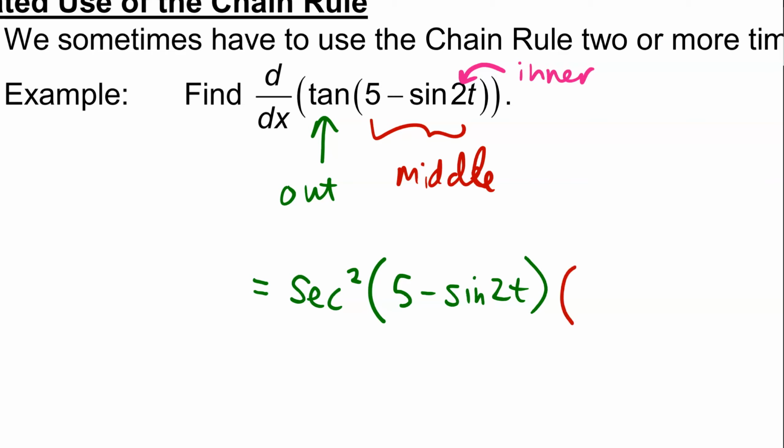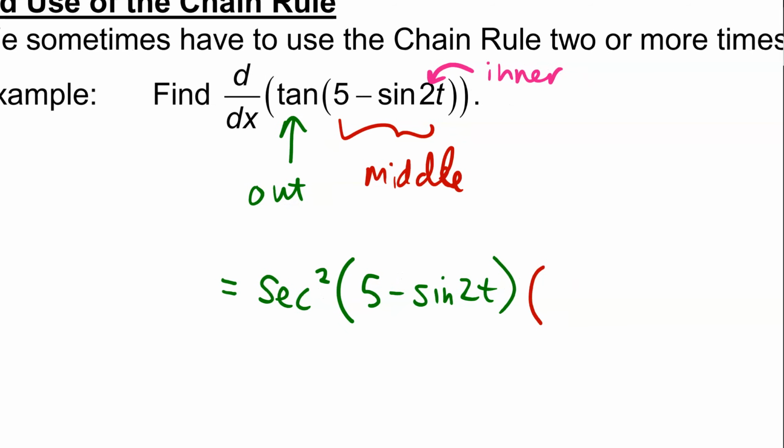Negative cosine of 2t. The derivative of sine is cosine, but I have a negative in front, so it's negative cosine of 2t. And then I multiply by the very inner one. What's the derivative of 2t? 2. So I'm color coding. If you can't tell the difference between my colors, let me know, because I'm trying to show how we are going in.